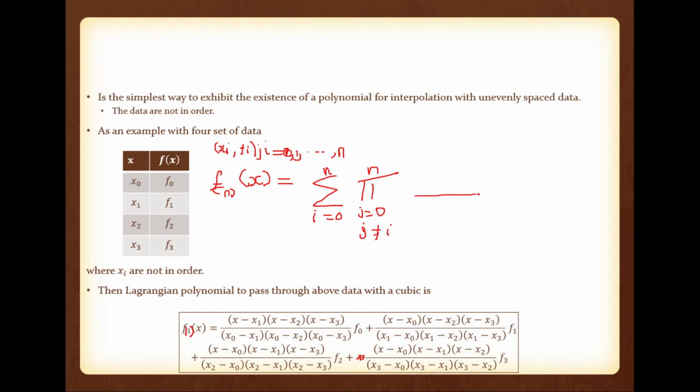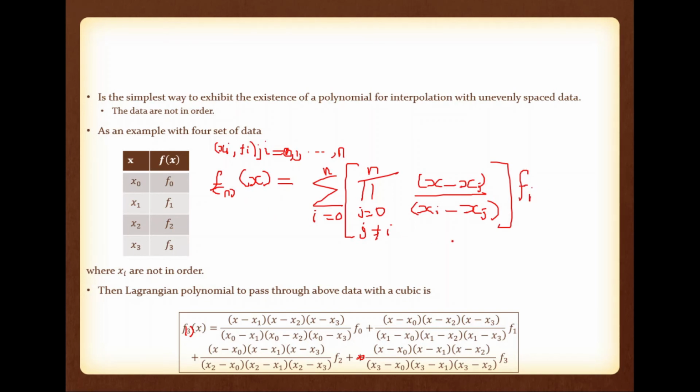So the numerator is what? x minus xj. So xi is absent, divided by, now we replace x with xi, so xi minus xj, into what? fi. So this one into fi. So this one is a general function.